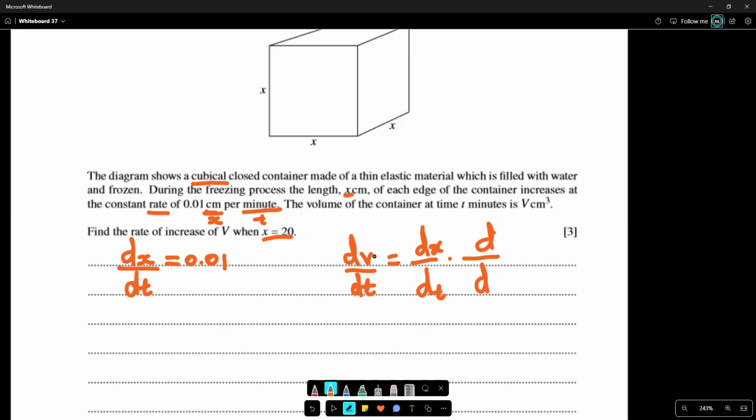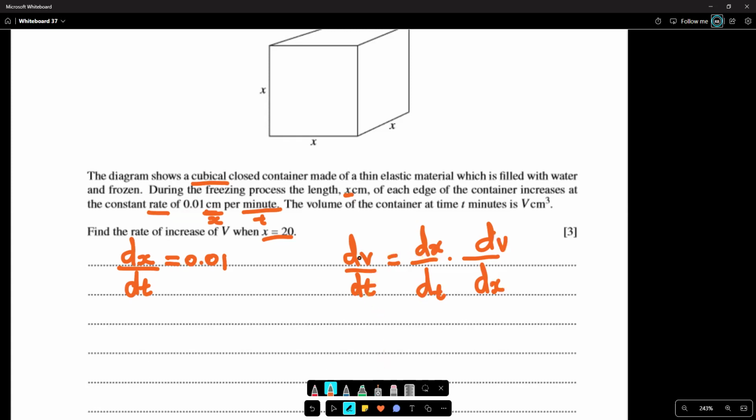But on top, you need to have dV, and this dx must cancel. So this dx will cancel with this one, and we still have dV over dt, which is this. So this is the breakdown of the chain rule. Just use the 4D box method. It's easier, ladies and gentlemen.